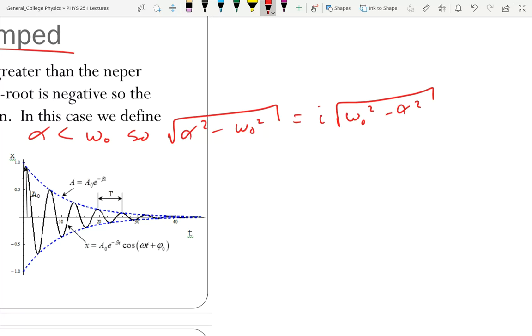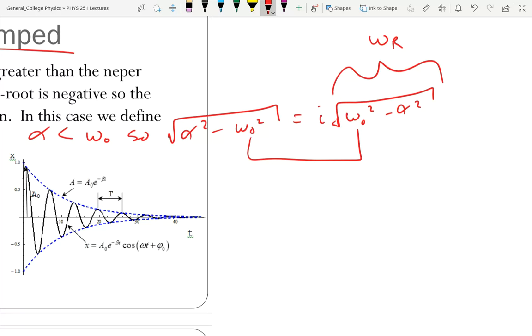Notice what I did here is I reversed the order of which one's positive, which one's negative under the square root and brought the i out. So now I have a real thing for the square root and I brought out the i. So we call this thing right here my resonant frequency.